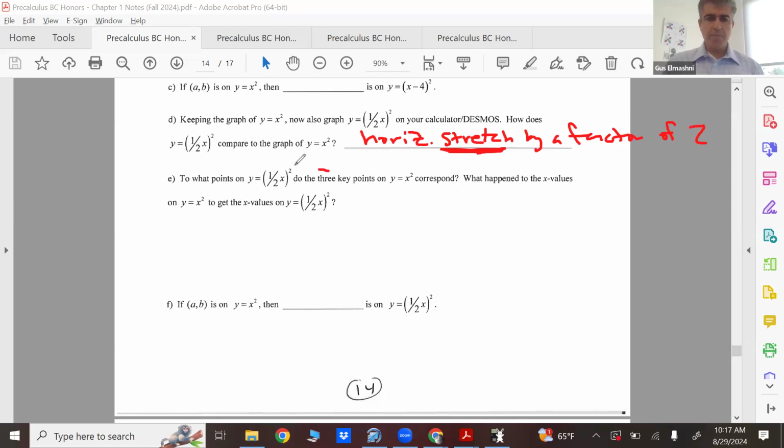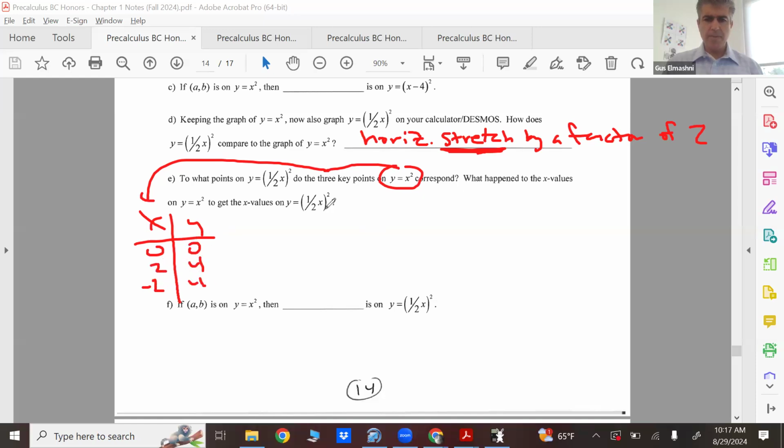So if I make 3 key points again, y equals x squared: 0, 0, 2, 4, negative 2, 4. For this, if I make a new table, I'm going to multiply the x values by 2 to counteract it. Correct.